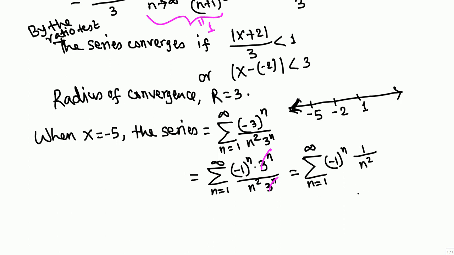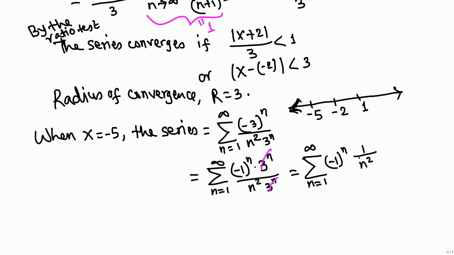This is an alternating series, due to (negative 1)^n. To test for convergence, all we have to show is that 1 over n squared decreases and goes to 0. 1 over n squared decreases for sure, because as n gets bigger and bigger, the bottom gets bigger and bigger, so 1 over bigger and bigger is smaller. And when n goes to infinity, 1 over infinity squared goes to 0 as well.